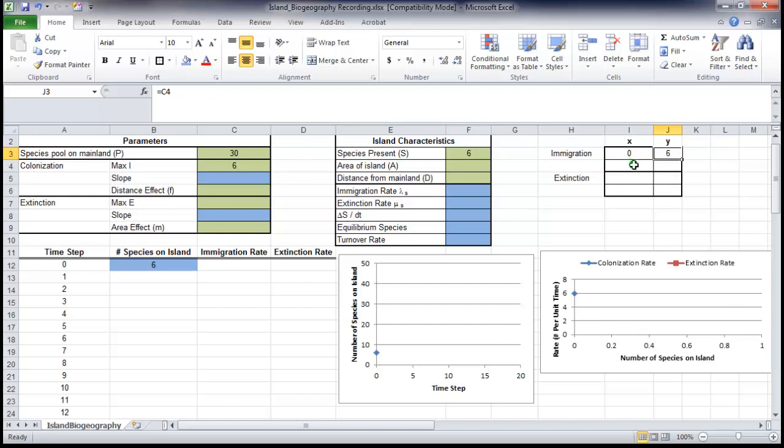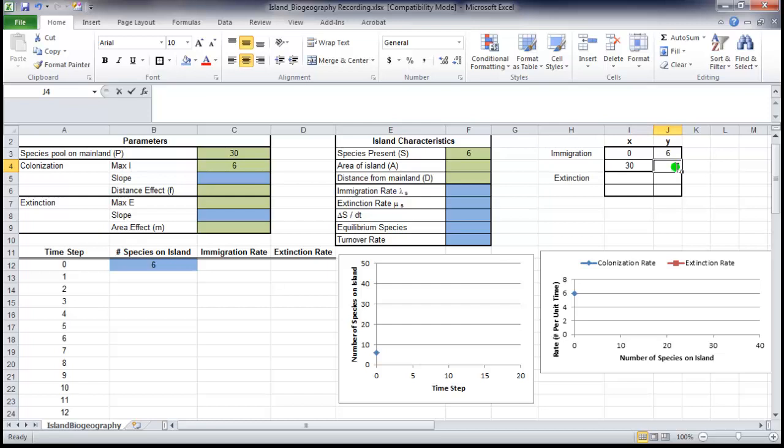Our second point is x equal to 30, and we'll reference our species pool. I've named that particular cell pool. If I click on cell C3, you can see that the name pool has been written, and that's why this formula says equals pool. It could also say equals C3. And if we go over 30, we go up 0.